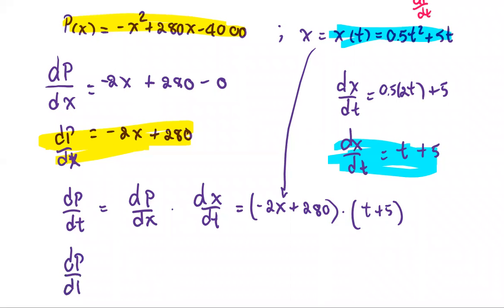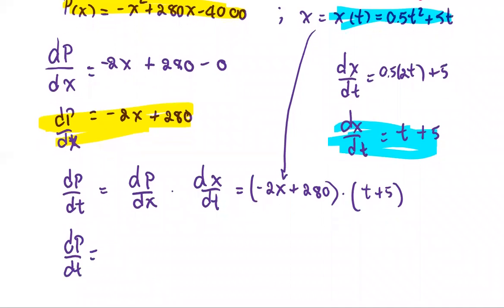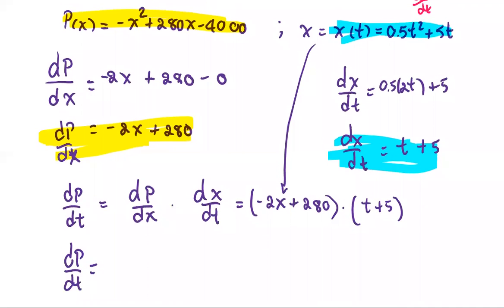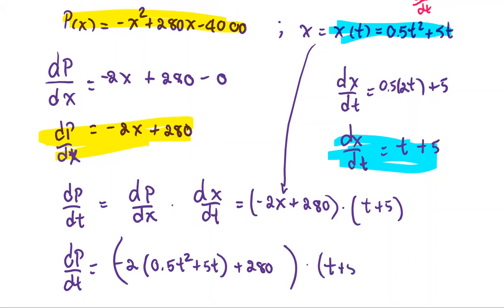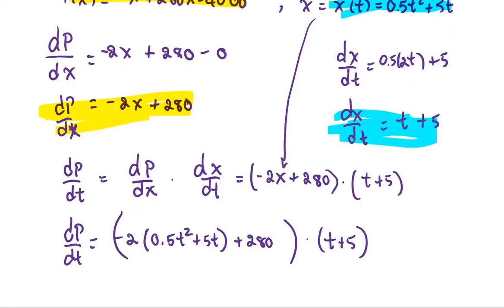So then my dp/dt totally in t form will be -2 multiplied by the quantity 0.5t squared plus 5t, plus 280 in the grouping symbol, multiplied by t plus 5, because we just replace the x with the expression in t.